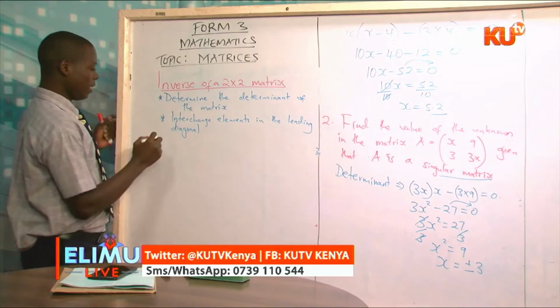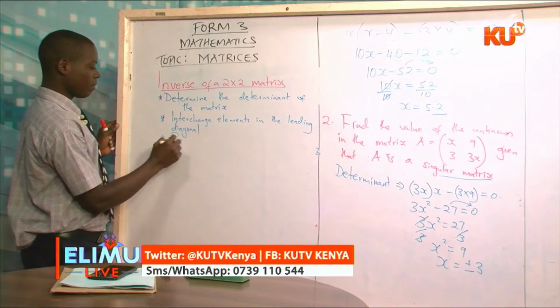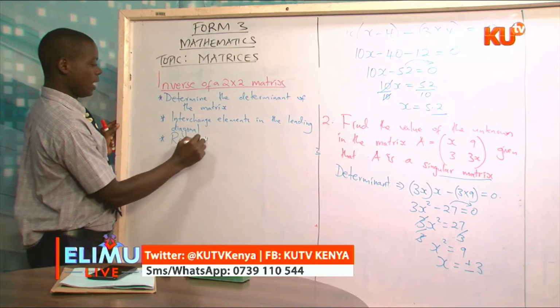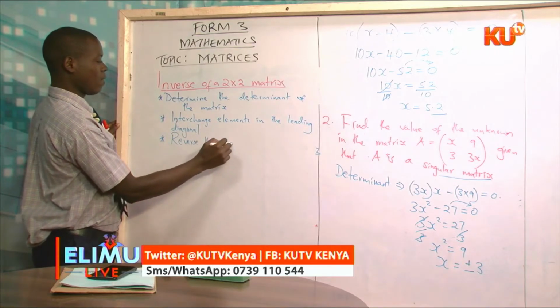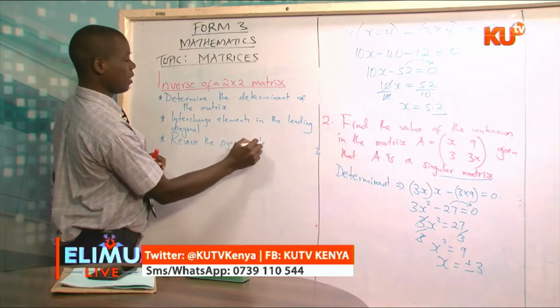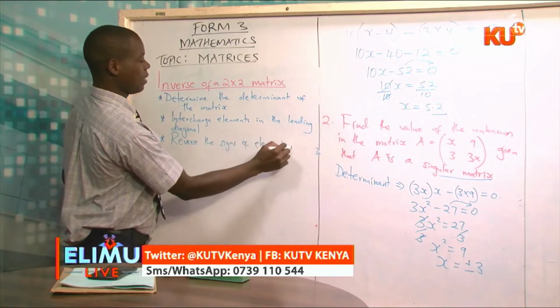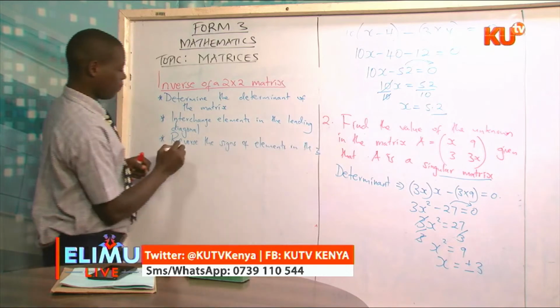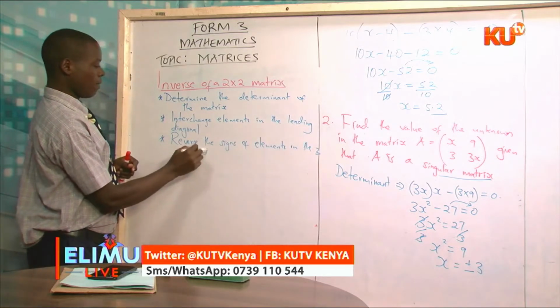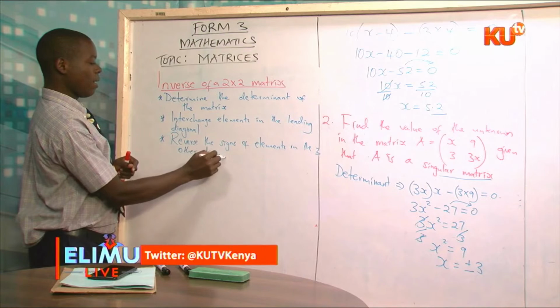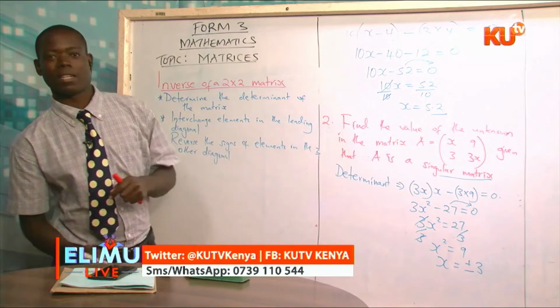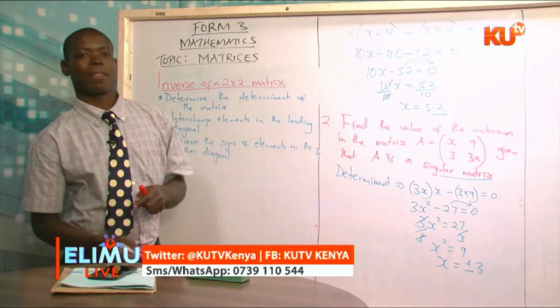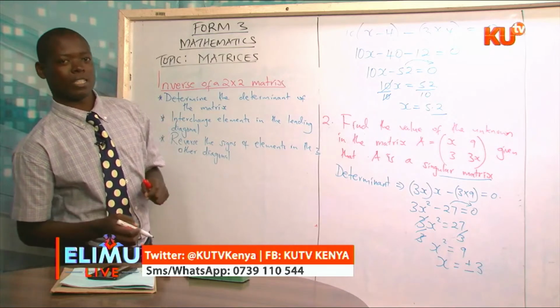And then number 3, you reverse the signs of elements in the other diagonal. Reversing the signs: if the element had a negative sign, it turns to positive. If it had a positive sign, it turns to negative.